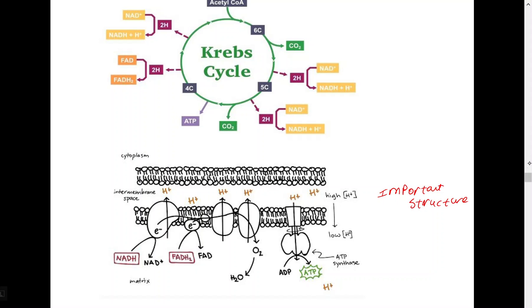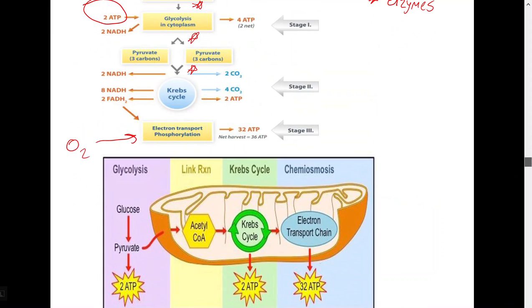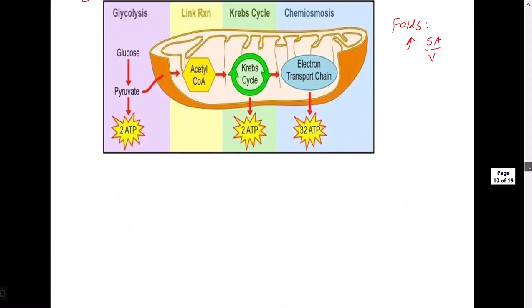And why is it important that you have these folds? The folds in the mitochondria, I think they're called cristae. Why are they important? They increase the surface area to volume ratio. You want to have a large surface area, not a lot of volume.